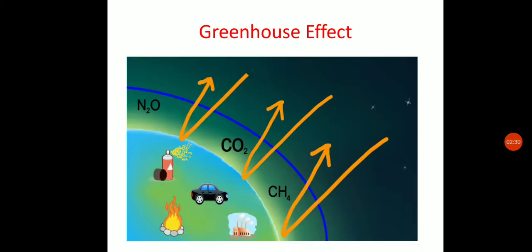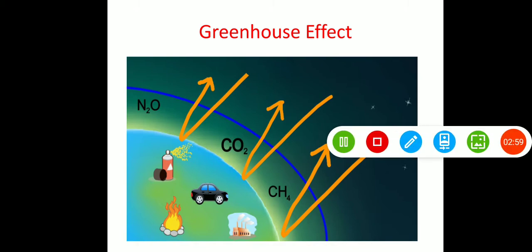Next, you have the greenhouse effect. You know the sun's rays warm the earth's surface. Here, part of the radiation which falls on the earth is absorbed by the earth, and part of the rays is reflected back into space.